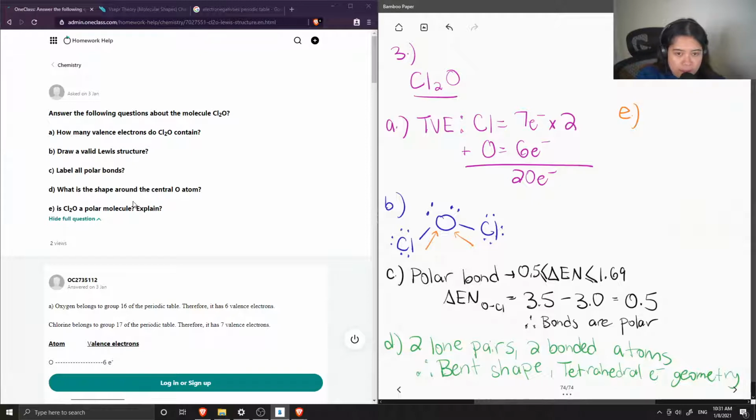So I'm going to say that Cl2O is polar since the molecule is bent and any dipole moments that are formed aren't cancelled out.